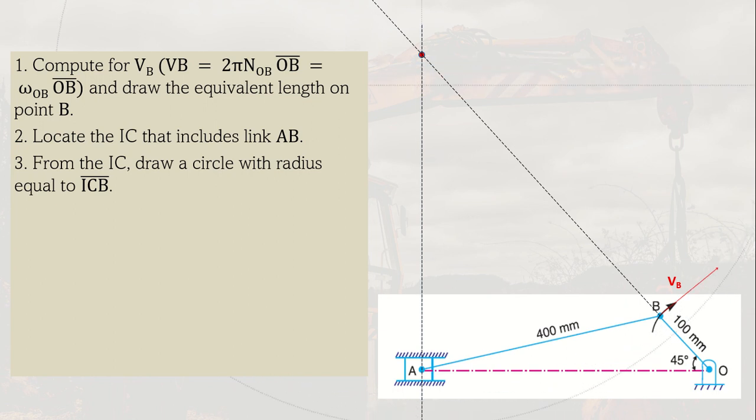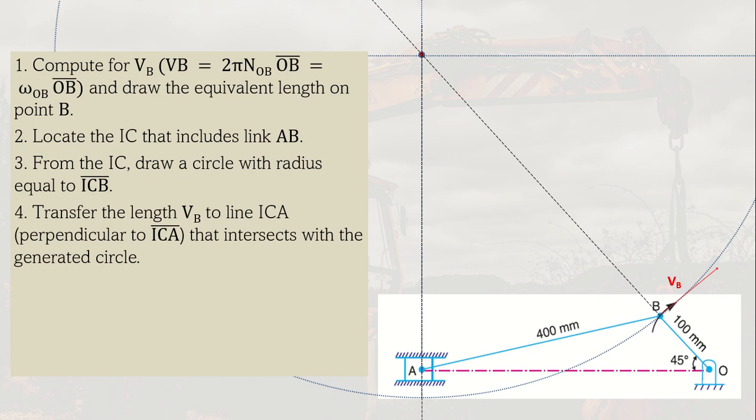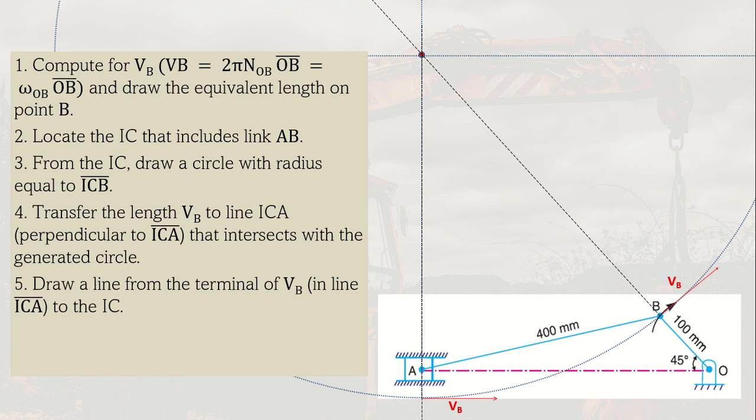And then similarly, we swing that VB, transfer that VB to the line ICA. So as you can see here, that intersects with the generated circle. So that's VB, and then we draw a line from the terminal of VB in line AC to the IC.